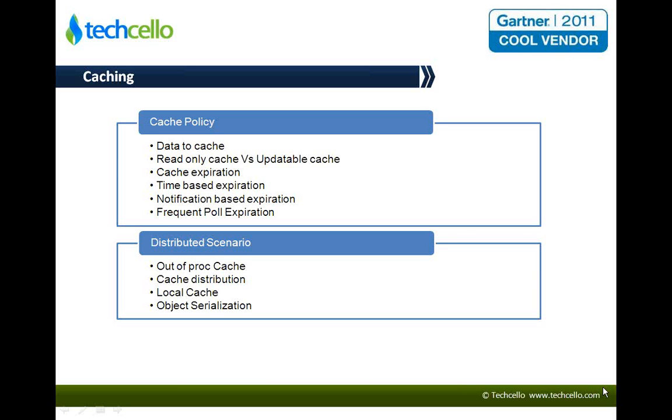But in a scaled-out scenario, that is not going to work out, because you're going to have multiple machines reading the cache and writing back to it. So you will not have cache synchronization.